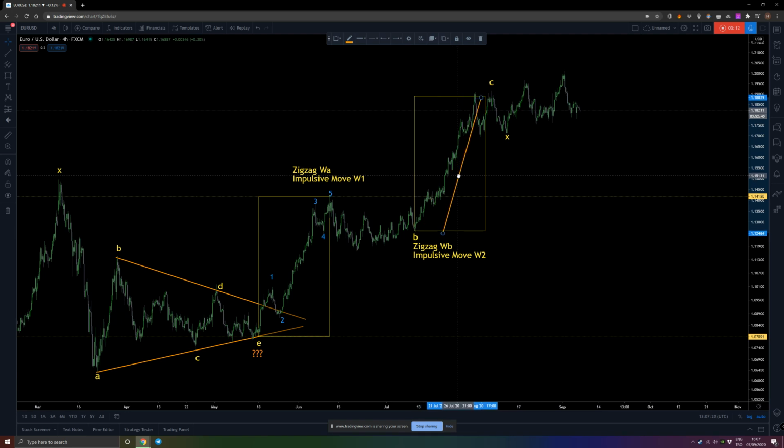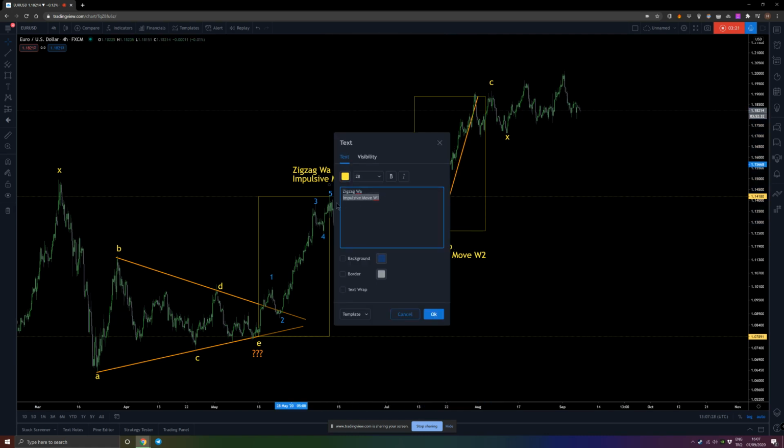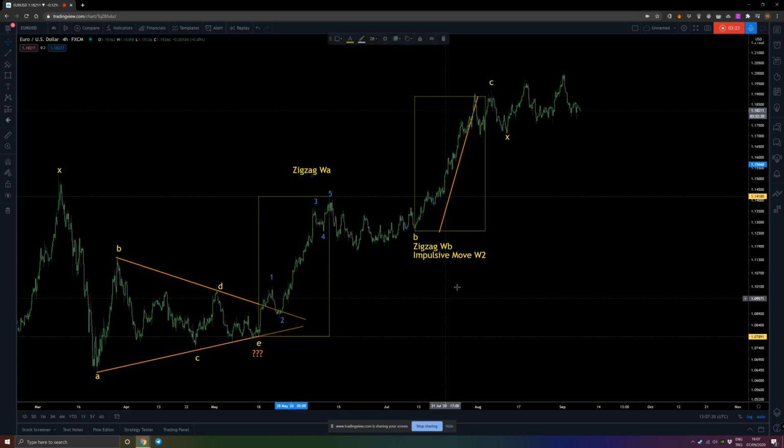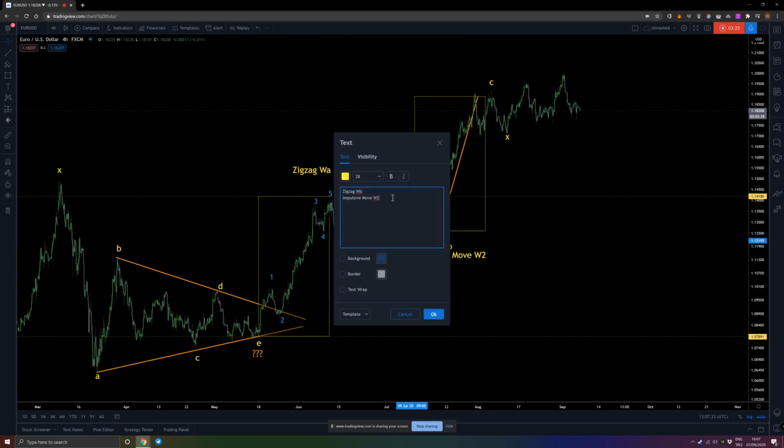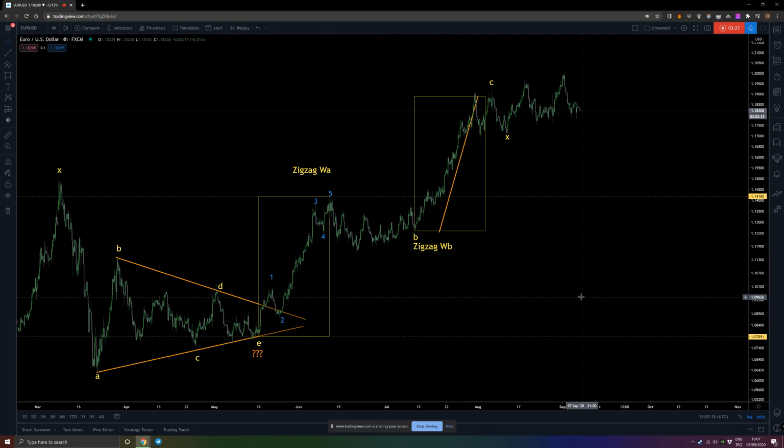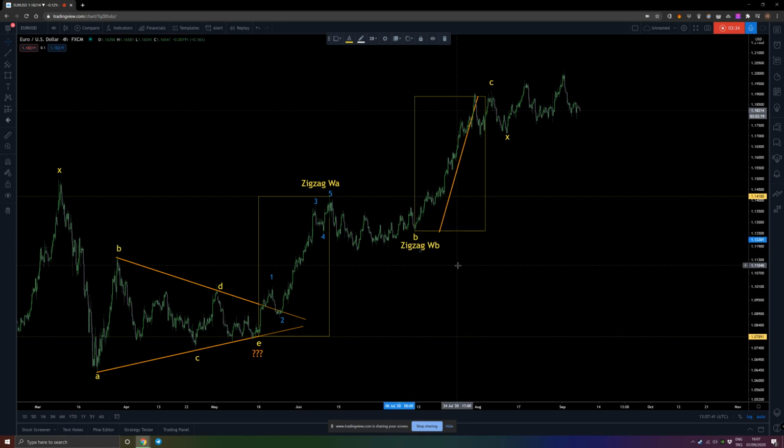Now, as you can see, these are almost identical. Now, this is what happens in impulsive moves, okay? And this is why I'm erasing both of these. Now, we are left with something like A zigzag wave B somewhere around here.